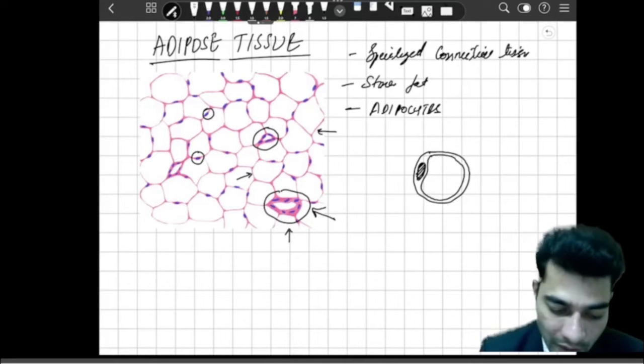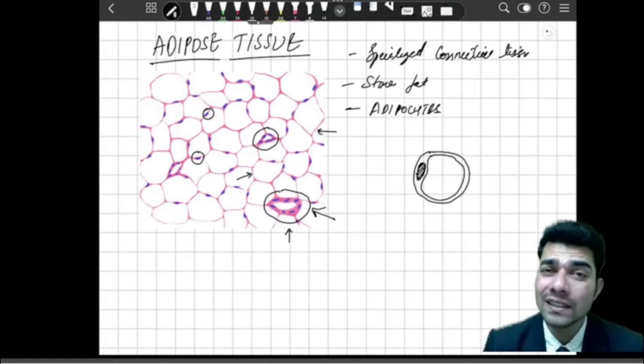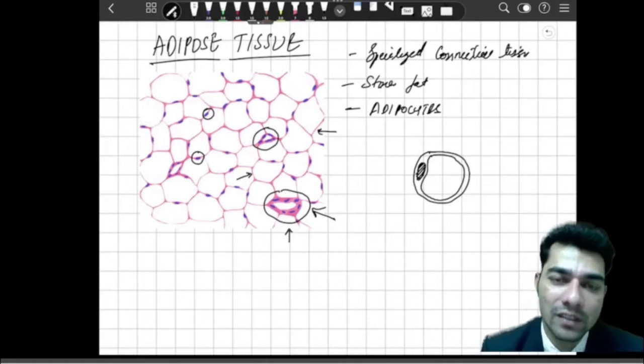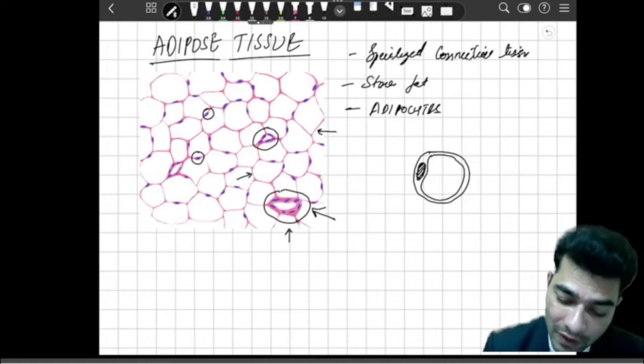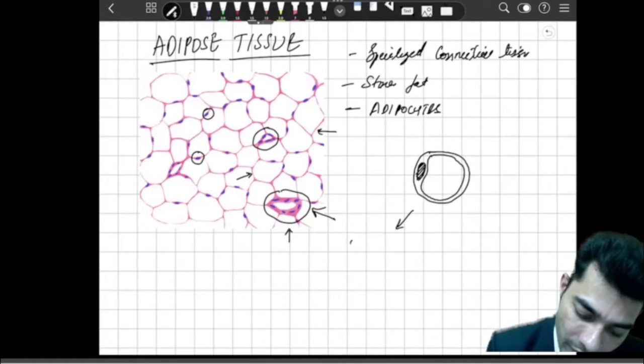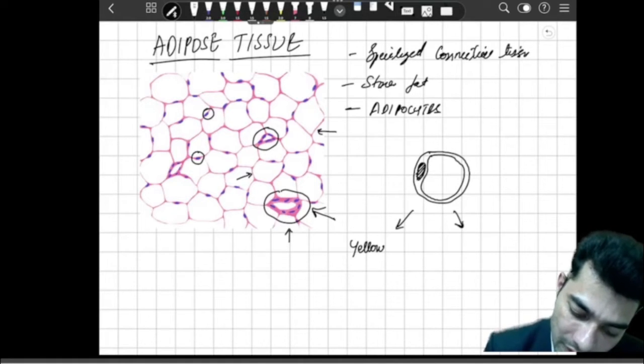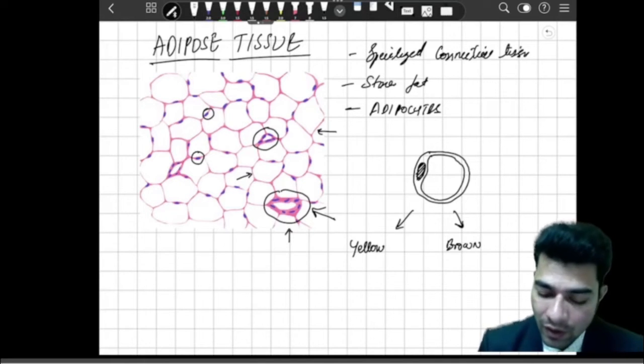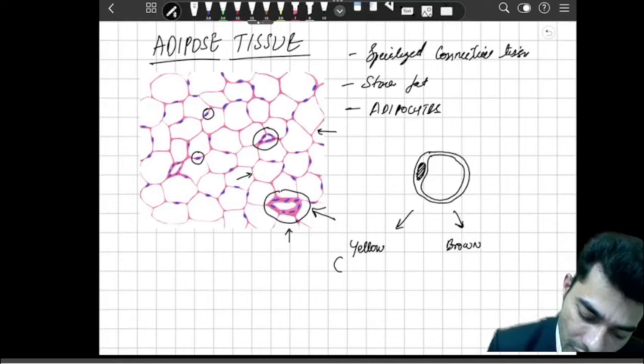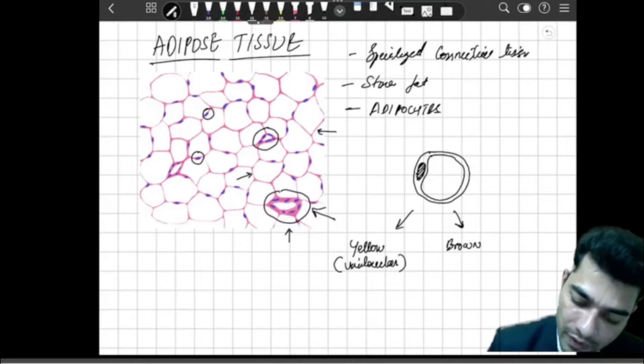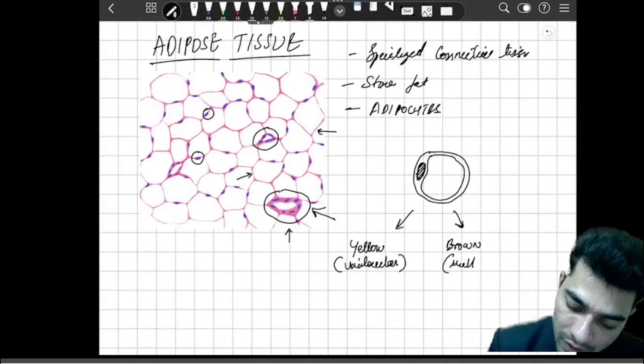Again, in adipose tissue there are two types of cells. We can divide them into two: one is yellow fat and the other one is brown fat, also known as unilocular and multilocular.